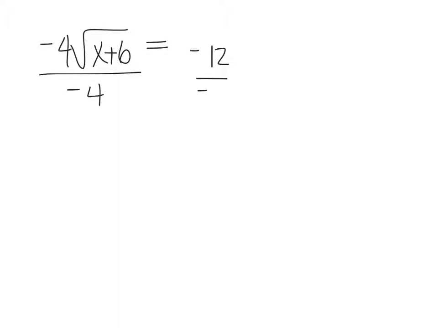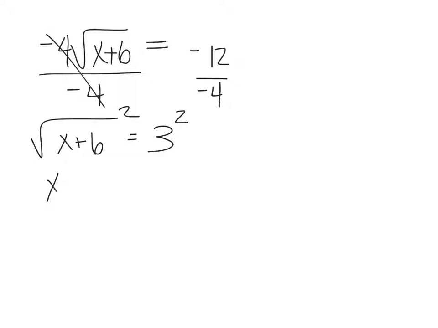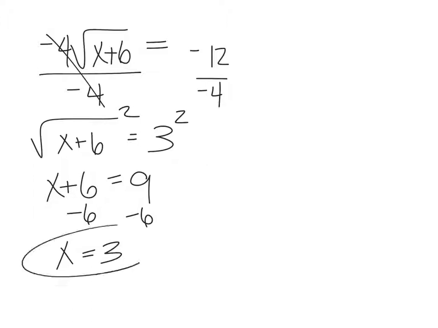Negative 4 square root of x plus 6 equals negative 12. Let's go ahead and get rid of that negative 4. So square root of x plus 6 equals 3. Square both sides. x equals 3. Okay, again, I just have one solution, so I don't have to check for an extraneous one.